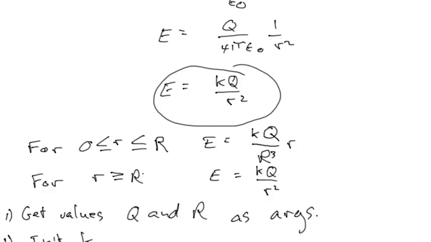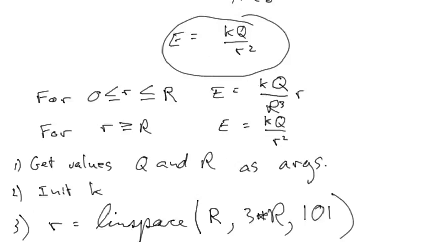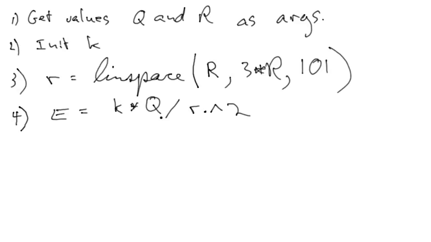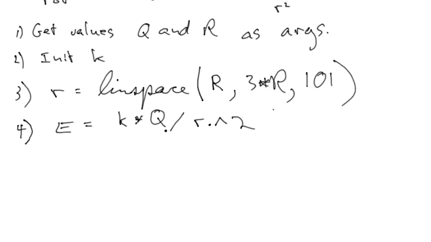But remember, I just verified that at capital R, both expressions are the same. So I'm going to try to add one more element to the array, namely 0. So I'm going to say R is equal to 0, comma R.